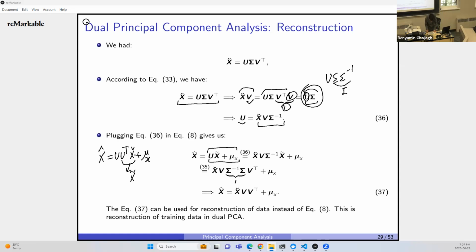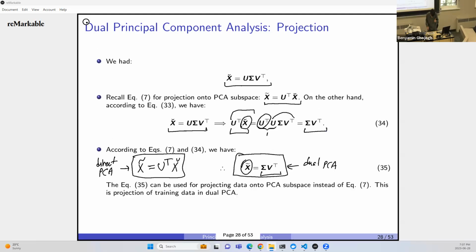And what are we doing here? Let me remember. Here, I'm replacing U with equation 36, which we just found. It is X V sigma inverse, and this is X tilde, and this is X tilde plus mu X, right? Now, recall the previous slide.